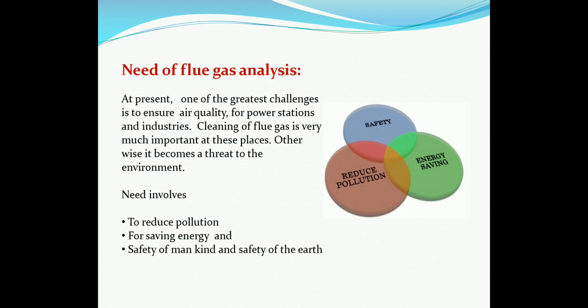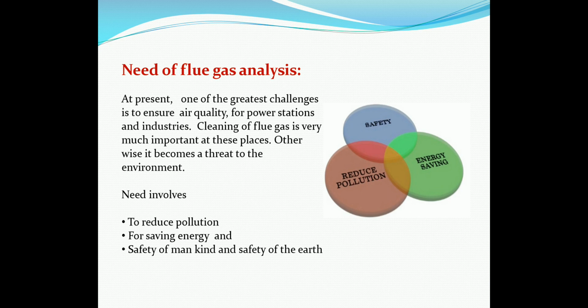Need of flue gas analysis. The main need is to reduce pollution, for saving energy, and for safety of mankind and safety of the earth. At present, one of the greatest challenges is to ensure air quality for power stations and industries. Cleaning of flue gas is very important at these places.